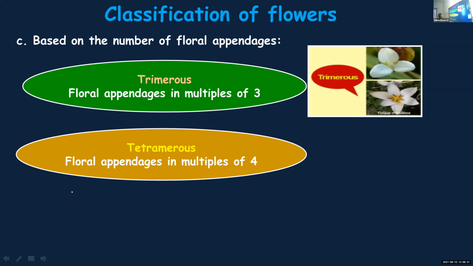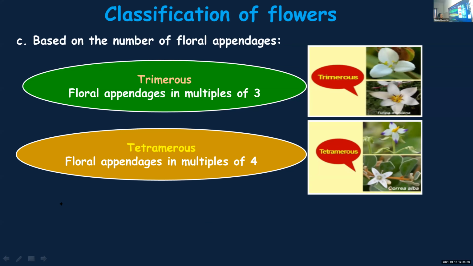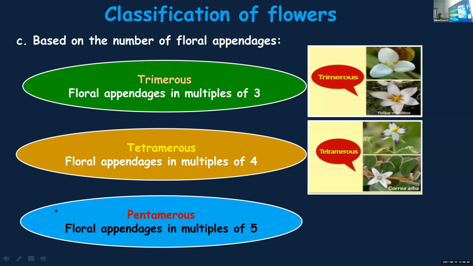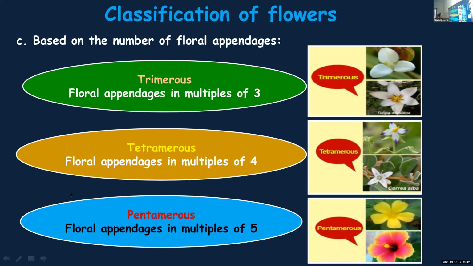That is an example of a trimerous flower. Tetramerous, floral appendages are in multiples of 4. Pentamerous, when they are in multiples of 5. Hibiscus, pentamerous.